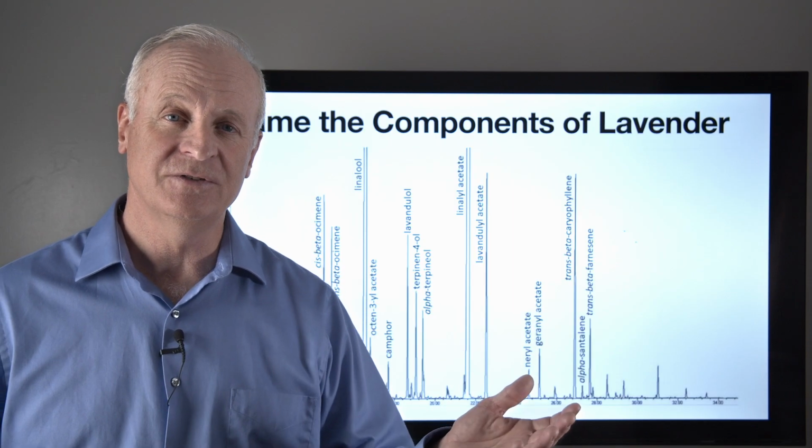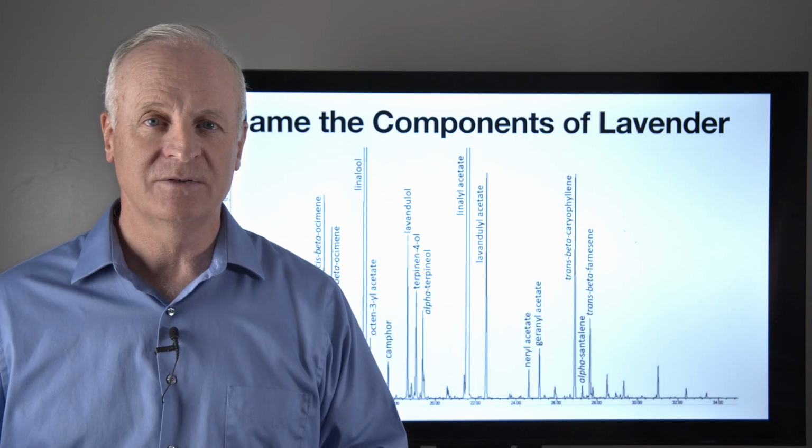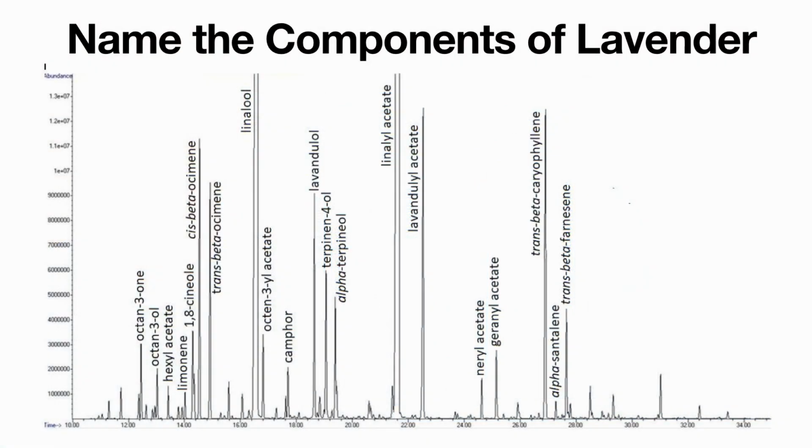So the GC does the separation, the MS provides the names. So now we have a complete understanding of all the components in lavender, how abundant they are, and each one of the names, and then we put them into a GCMS report that identifies this as lavender essential oil.